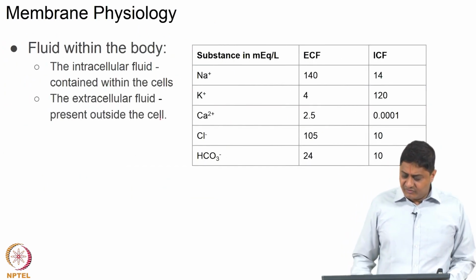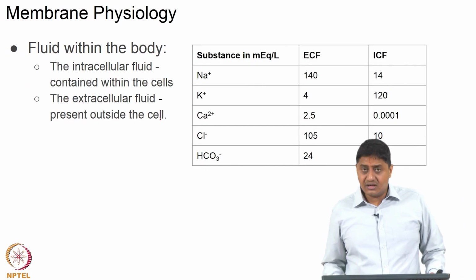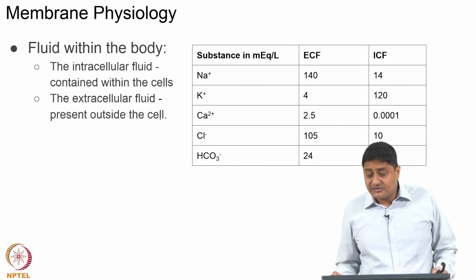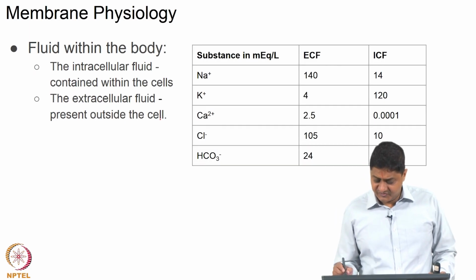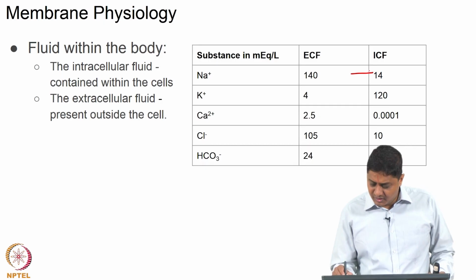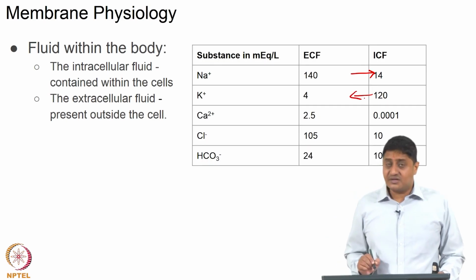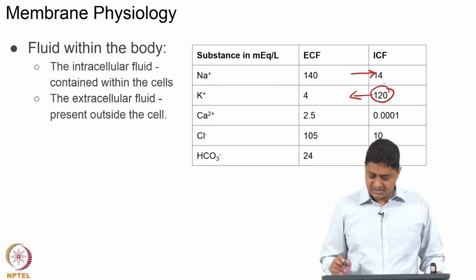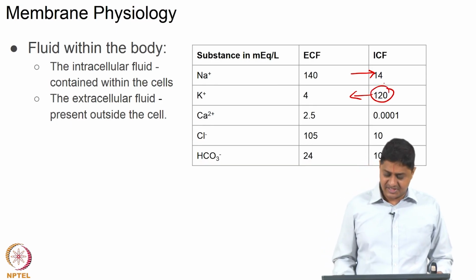So, before we move on, let us remember the concentration of substances within and outside the cell. Sodium is present in great quantity outside the cell, so the gradient is in that direction, and potassium is present in great quantity inside the cell, and the gradient is in the opposite direction.